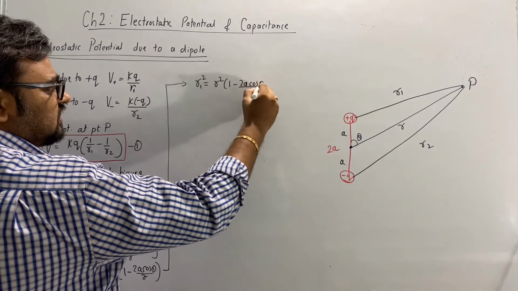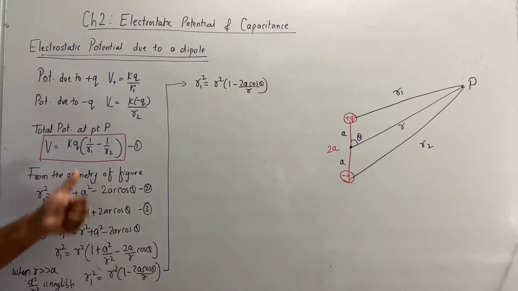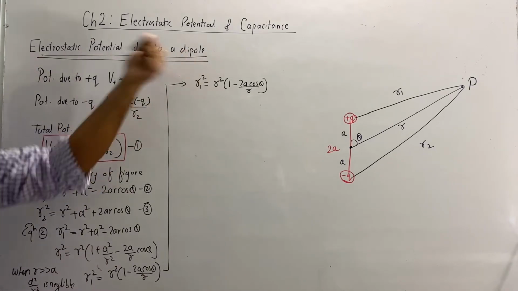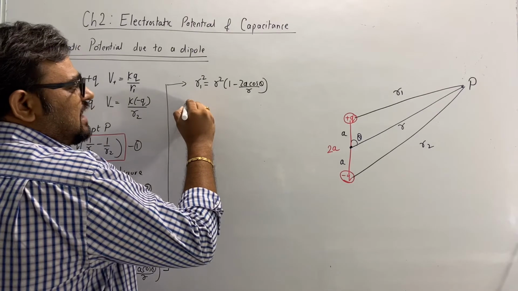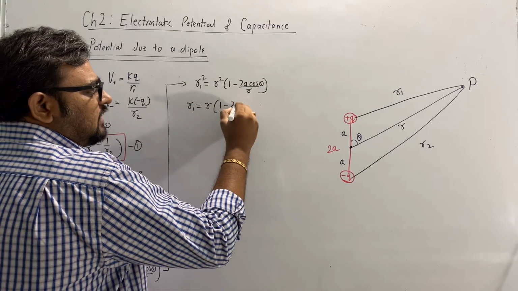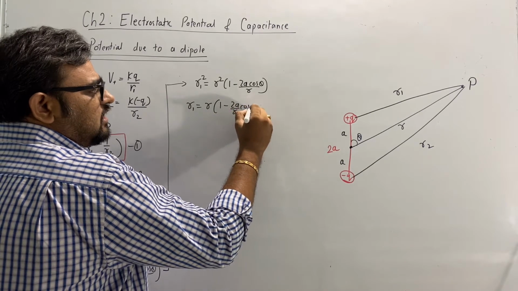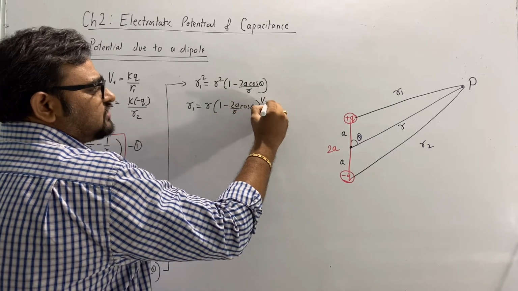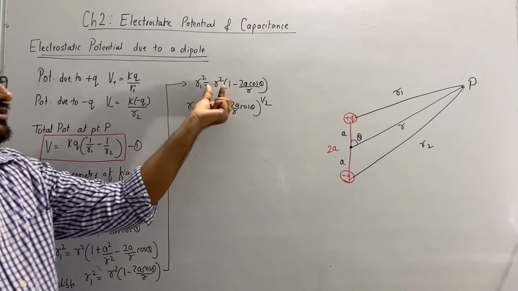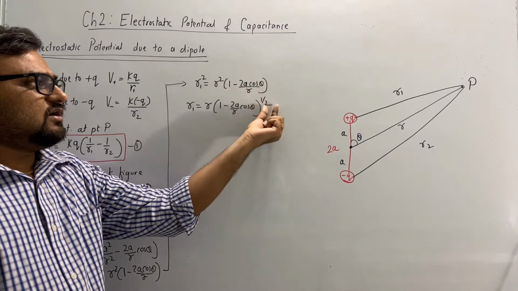Now see, I want 1 by r1 and I'm having r1 square. So first I will take the square root. So r1 will be equal to r into 1 minus 2a by r cos theta whole raised to 1 by 2. Square root, square, it gets cancelled. So again square root, but here we are taking 1 by 2 because here it's not square.